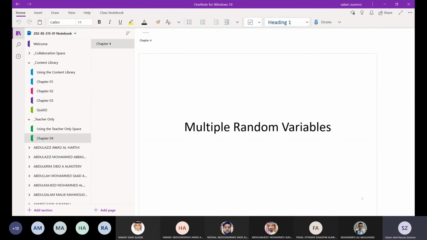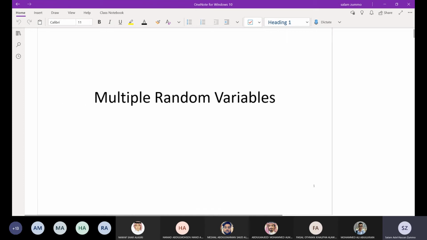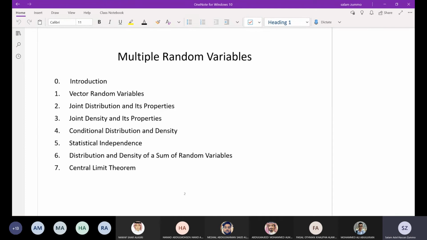طيب, just a very quick introduction about chapter 4 and we'll stop in 3 minutes. Chapter 4 is about multiple random variables. When do we encounter multiple random variables? In this chapter we'll talk about the definition of the vector of random variables.